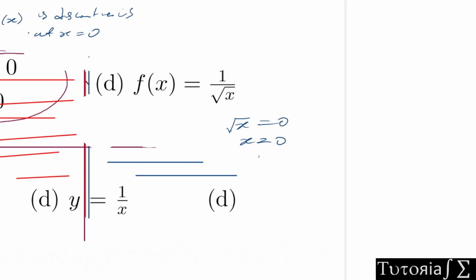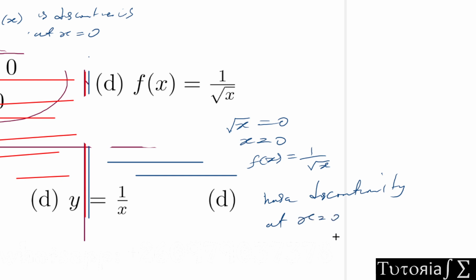So we say f of x equals 1 over root of x has a discontinuity at x equal to 0, and that is about discussing the continuity of the function.